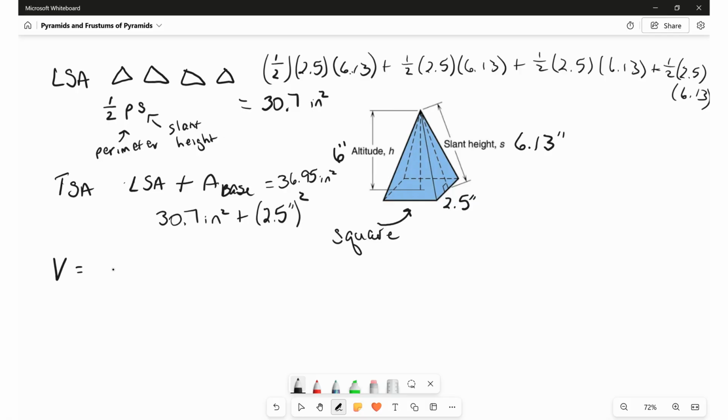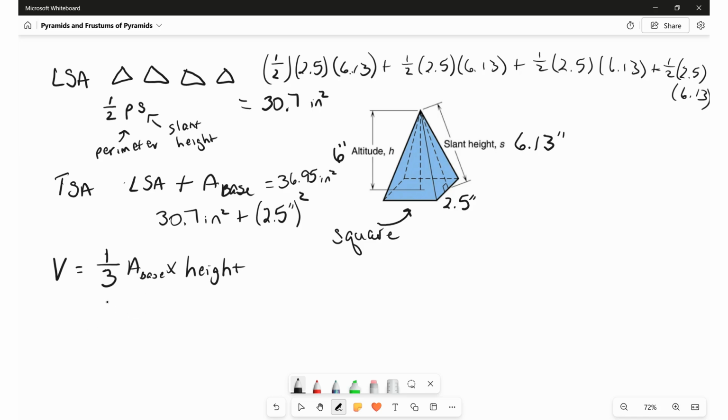So in order to account for the tapering in a pyramid, 1/3, because each of those lateral faces are triangles. So 1/3 times the area of the base times the height, and this is the altitude height.